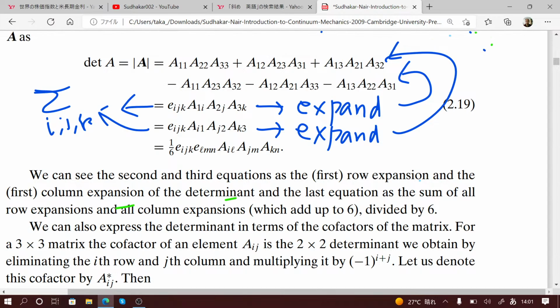The last one you sum over I, J, K, L, M, N, then you have to divide this by 6.